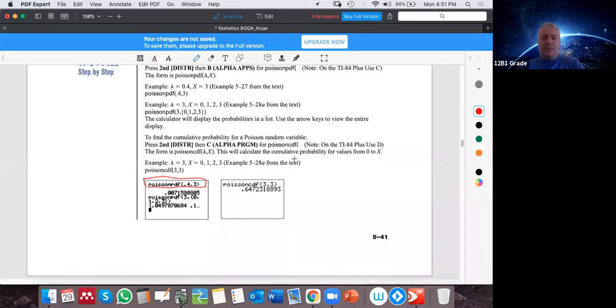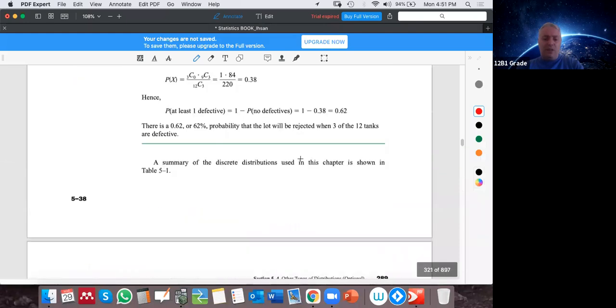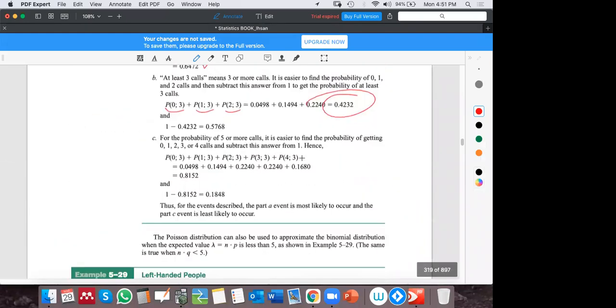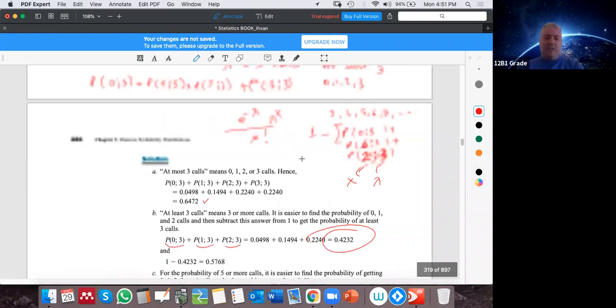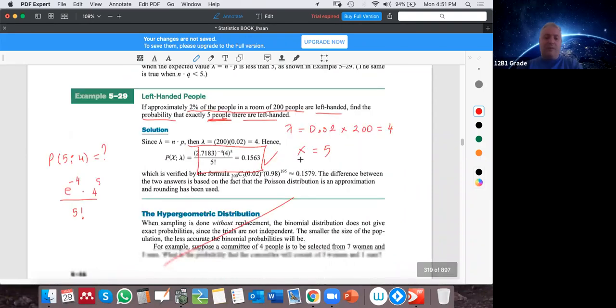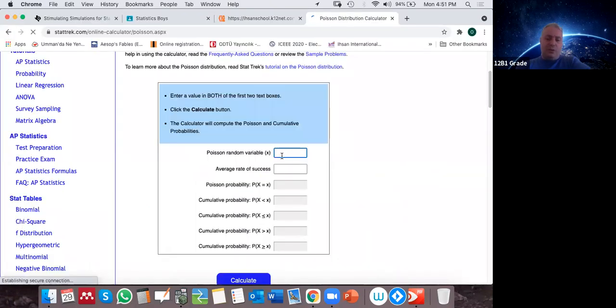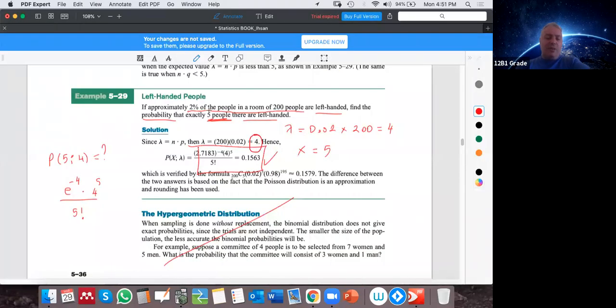For example, if we solve this question, here we can find the at least and more. Now 4 is our mean value. So average rate of success, which is number 4. And then here, how many do I want to see? 5.